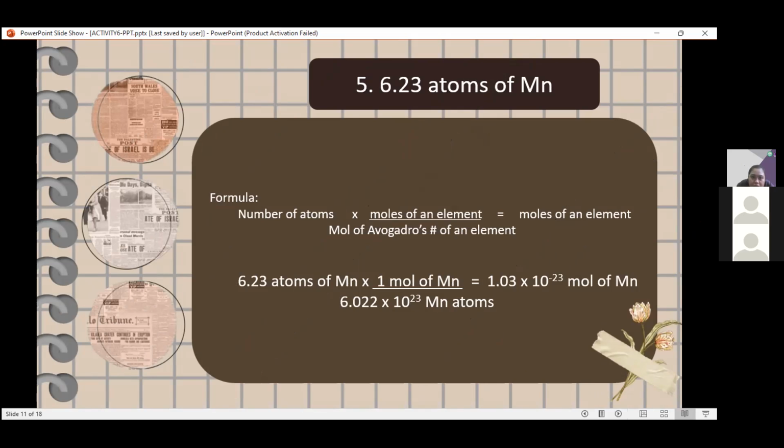So this is 1.03 times 10 raised to the power of negative 23 moles. Okay, so you got the correct answers for all of the given from number 1 to number 5. Okay, let's continue.